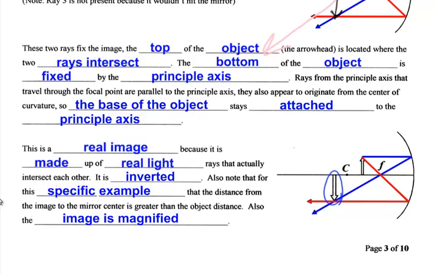It's further away from the mirror than the object is. It's inverted, right? It's upside down. It's magnified because it's taller than the object. And it's real because light rays actually travel to that location.